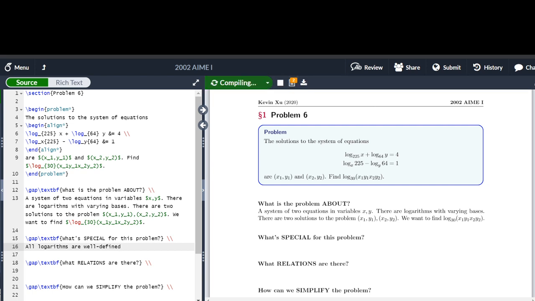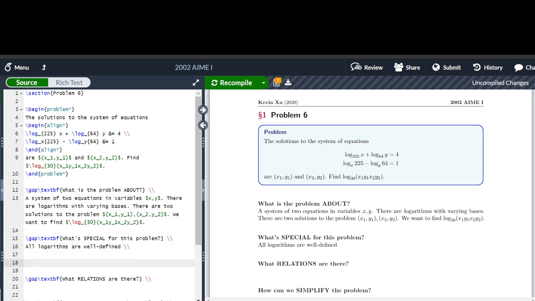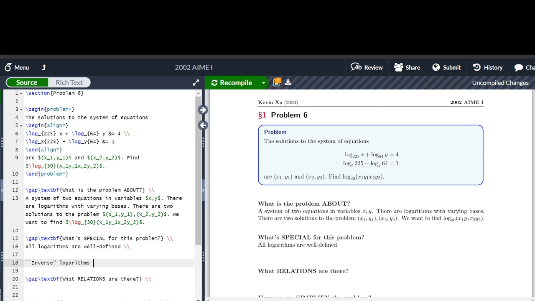That is, if the input is 0 or negative, then the logarithm is undefined, and therefore our solution is false. Next, we have to check this inverse property. And the fact that we have these inverse logarithms is special.